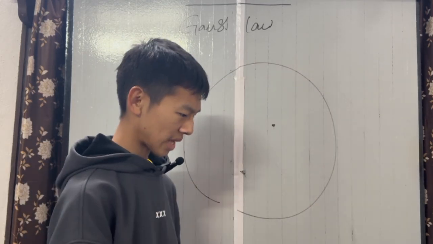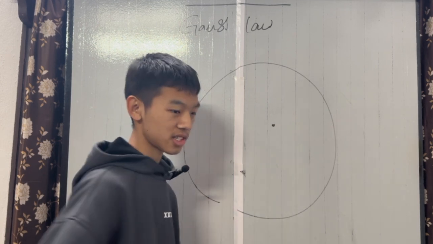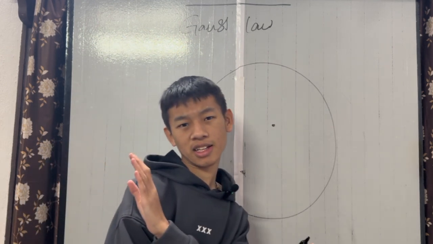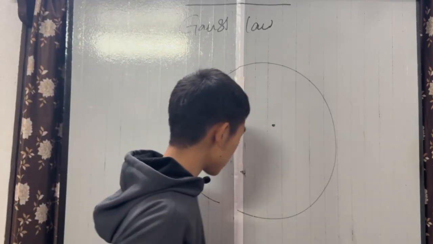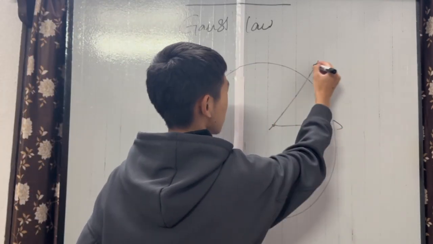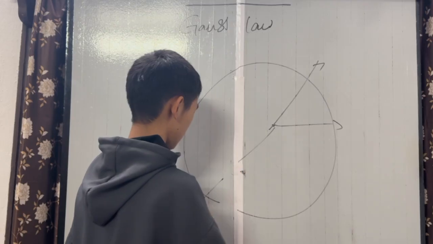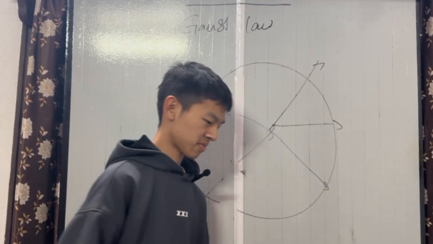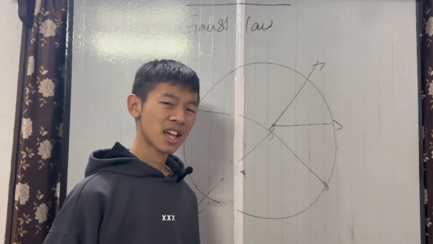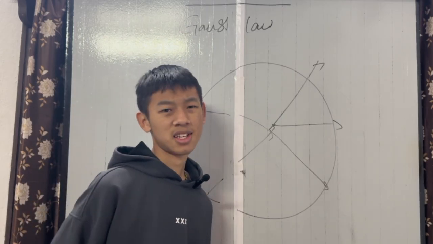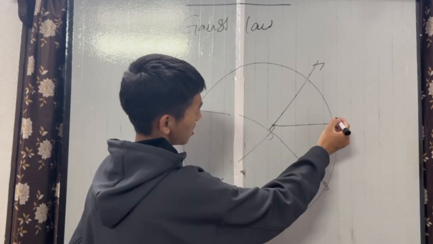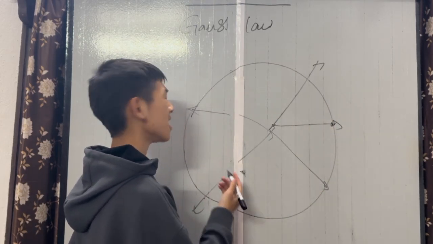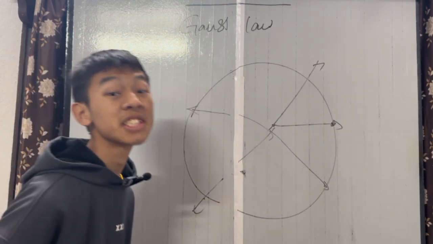Now, this charge will produce electric field lines in all the directions. What we're trying to find is the flux through any of these areas, maybe here, maybe here, anywhere on this Gaussian surface.